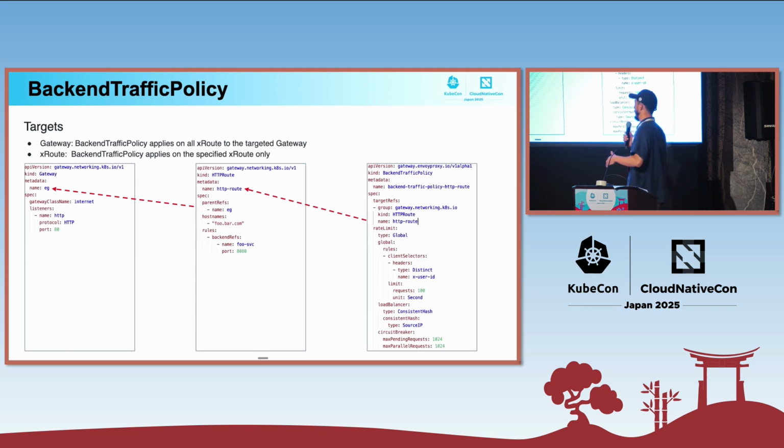Similarly, you can also apply it at the gateway level or route level, so it gives you a lot of flexibility. In this example, on the right side, we have a BackendTrafficPolicy. We configure global rate limiting, load balancing, and a circuit breaker for this route only.